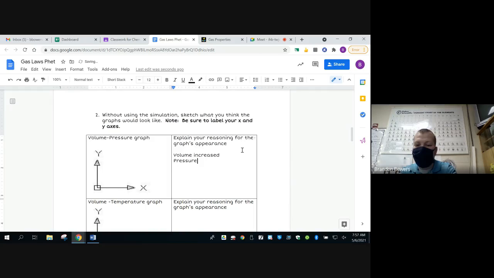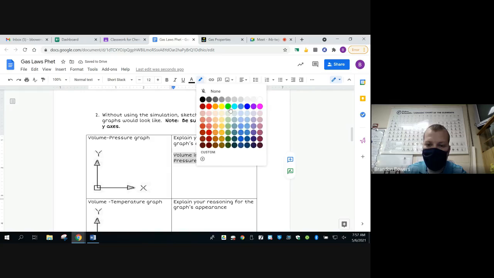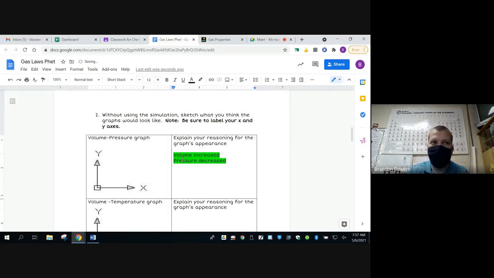So guys, this is all I want right here. You can type this in right here. Let me highlight that. We'll go green. That's all I'm looking for, like right here. You don't have to answer the graphs. Graphs, it's kind of hard. I didn't print it off. I'm trying to save a little paper, you know.